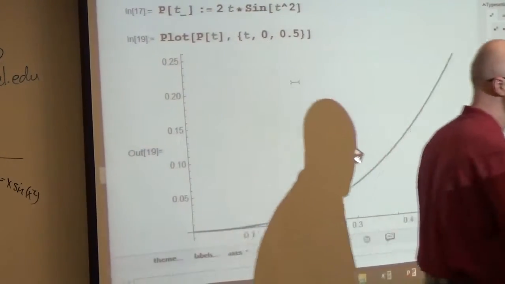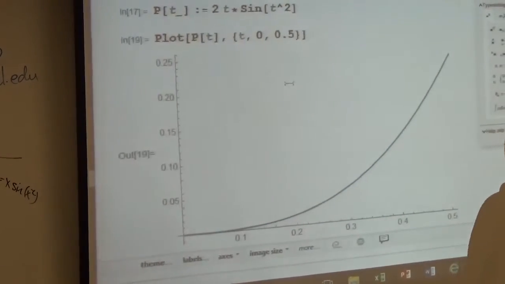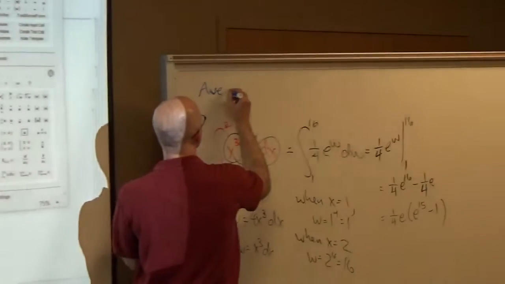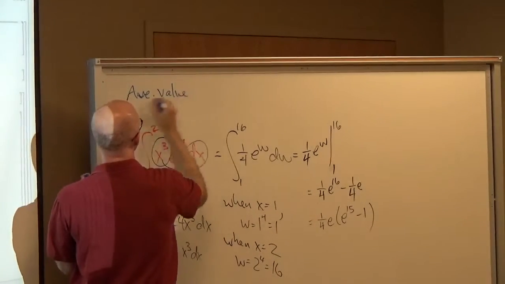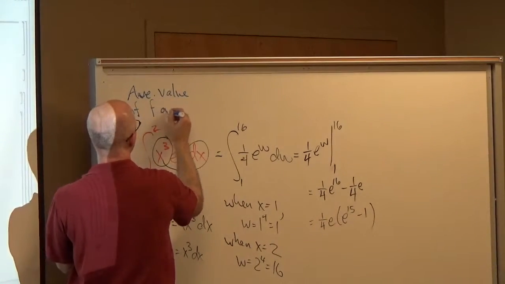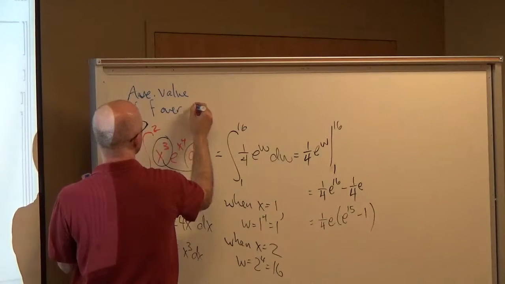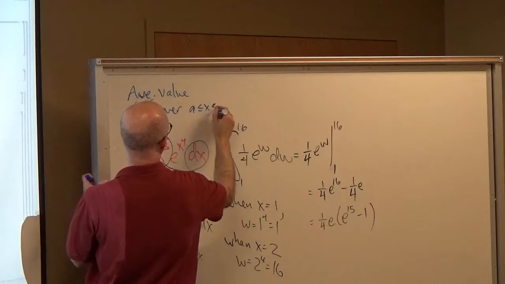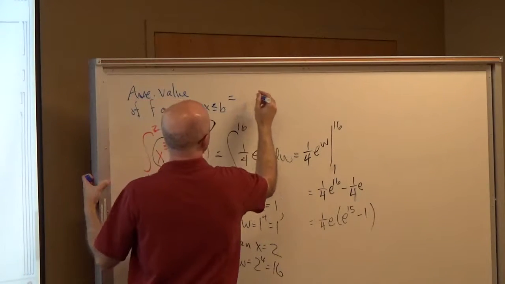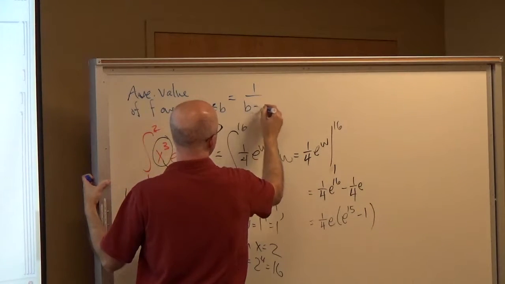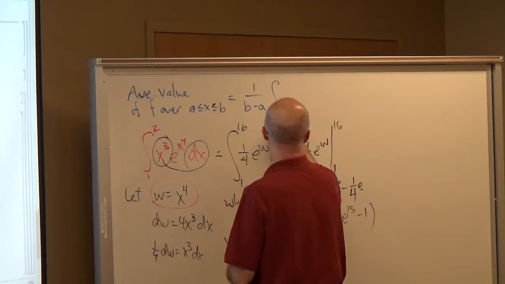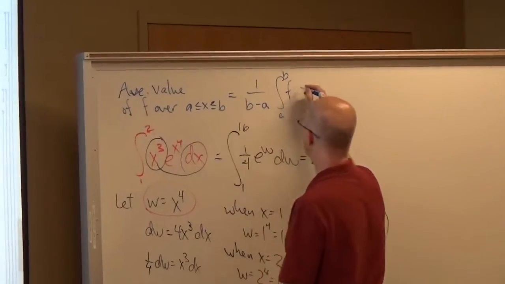And what that ends up meaning, because of the area interpretation of definite integrals, is that the average value of the function over some interval, x is between a and b, or t is between a and b, is 1 over the length of the interval, 1 over b minus a, times the integral of the function from a to b.